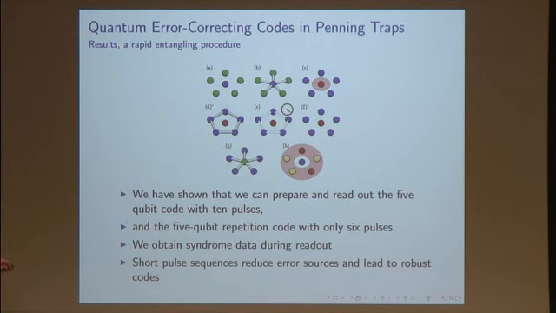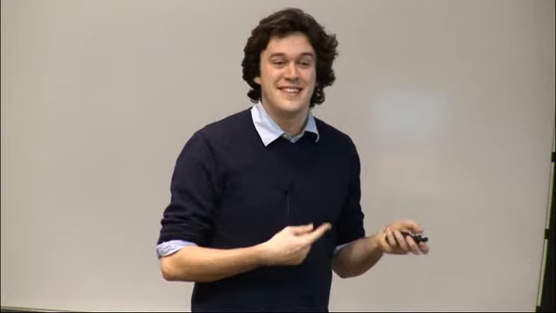To compare this to what I talked about before, the ion trap of the NIST paper with the Blatt group: if they want to actually read syndromes, it takes them hundreds of pulses of single qubit addressing. All we had to do was figure out what types of unitary operations we could perform by shooting lasers at the whole crystal all in one go. This is actually ongoing work. We've published this result with small codes, and we were criticized by our referees for not making this scalable.